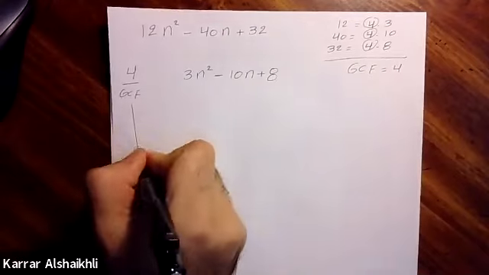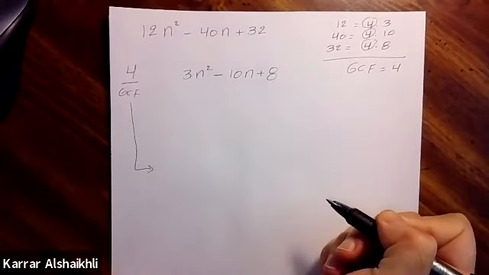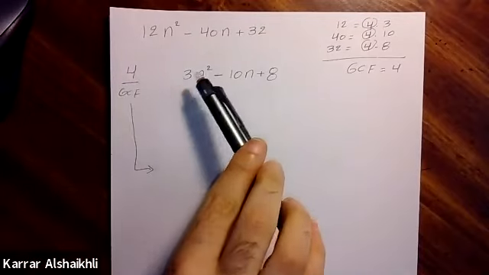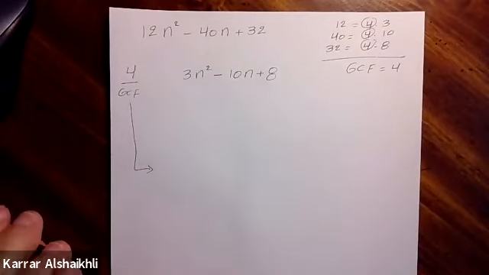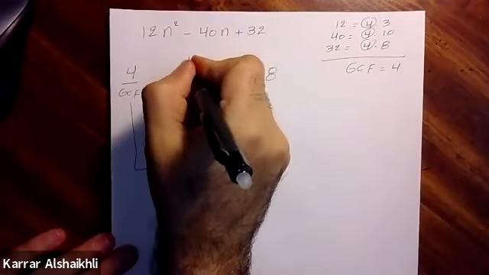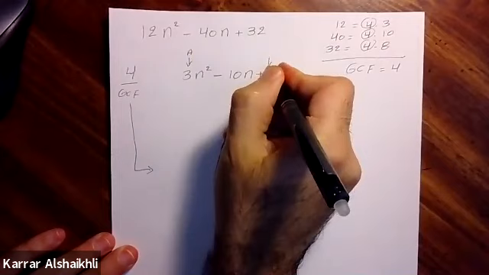So this GCF goes to the end. I'm not going to care about the 4 anymore. I need to do the AC method on this part only. This is the A, and this is the C.